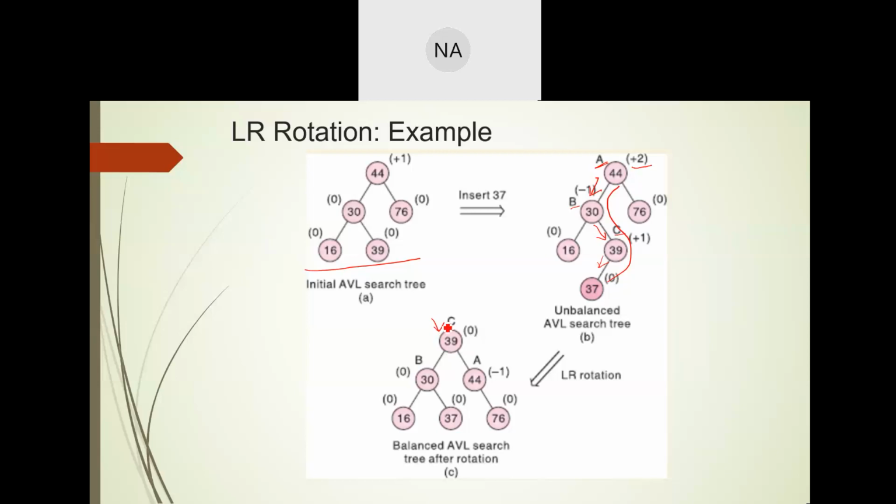The node B, 30, is made the left child along with its left subtree, and node A will be made the right child of node C. So A is 44. A is made the right child of node C along with its right subtree.